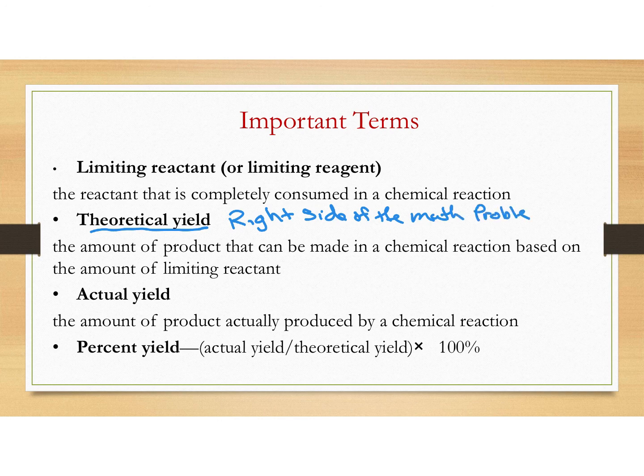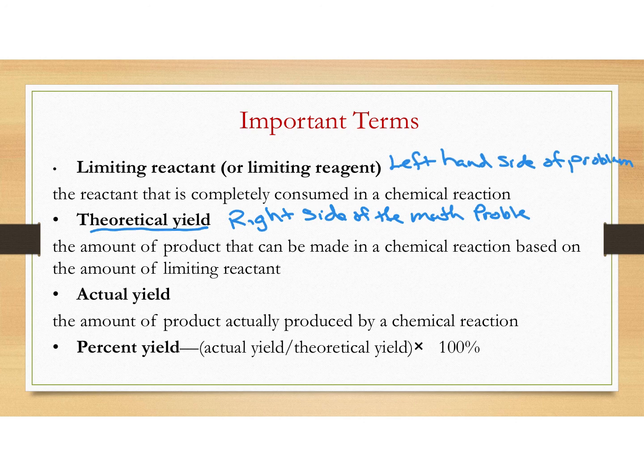Okay, so it'll be on the right-hand side when we're doing these math problems. The limiting reagent, we usually start with reagents, so the reagent will be on the left-hand side of the problem.